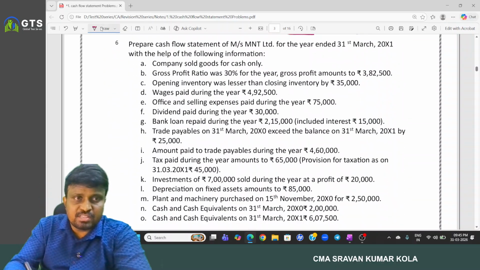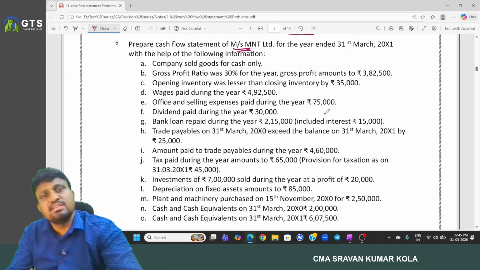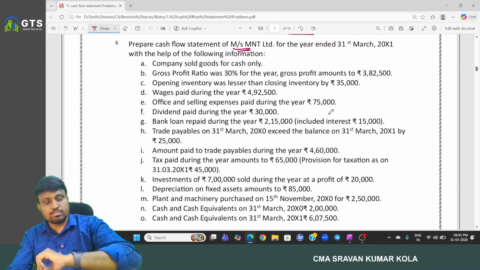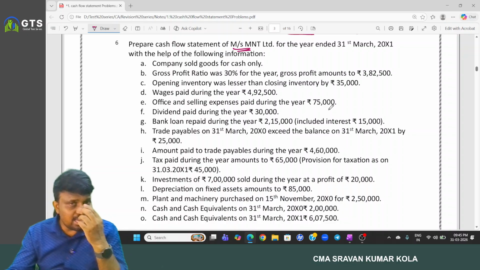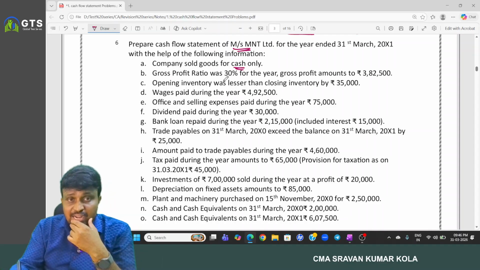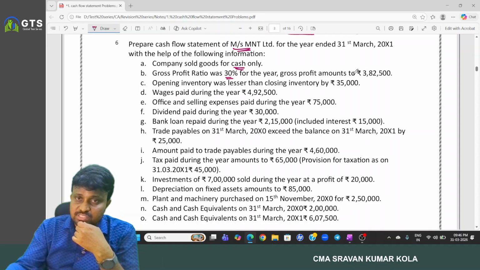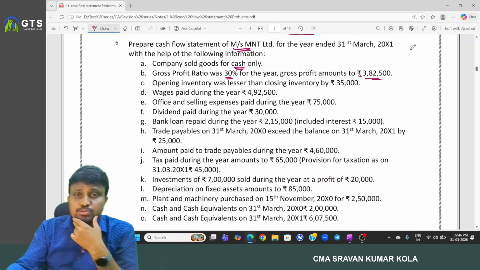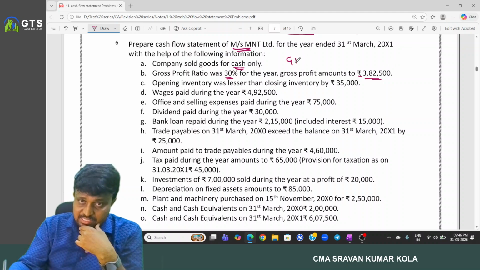Prepare the cash flow statement of MNT Limited for the year ended 31st March 20X1 with the help of the following information. The company sold goods for cash only, with a gross profit ratio of 30% for the year, and the GP amount is 3,82,500. Generally, GP ratio equals gross profit by sales into 100.